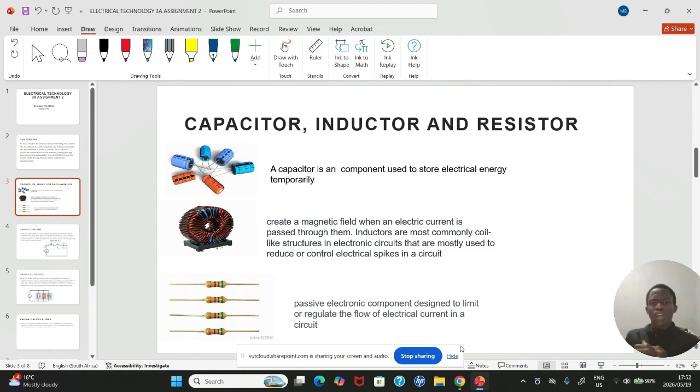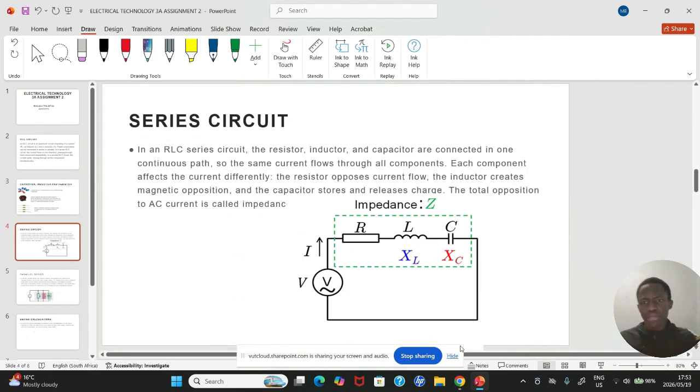Now we are going straight to the difference between the parallel and series RCL circuit. What do you understand about the two of them? Let's go to the next page, which shows the series circuit.